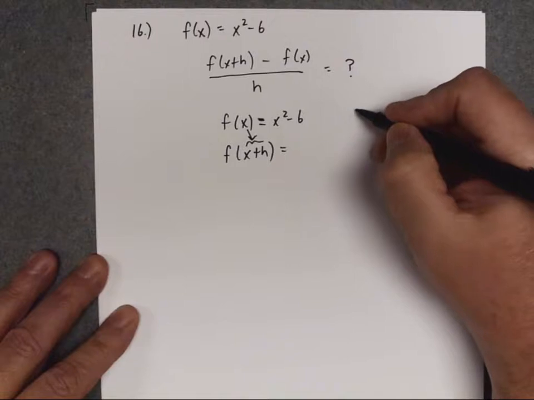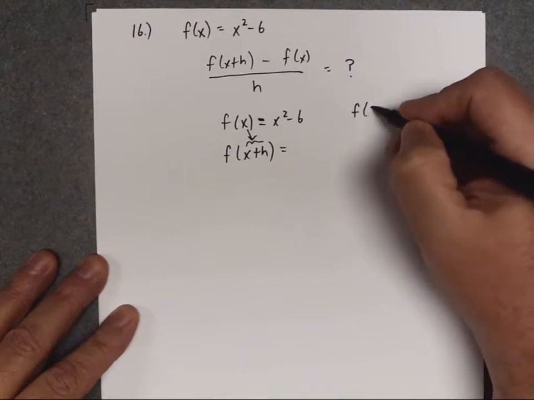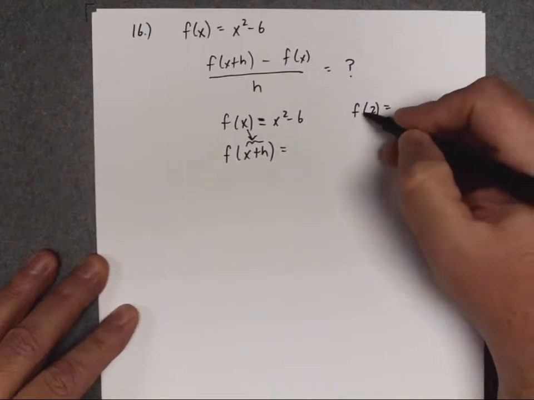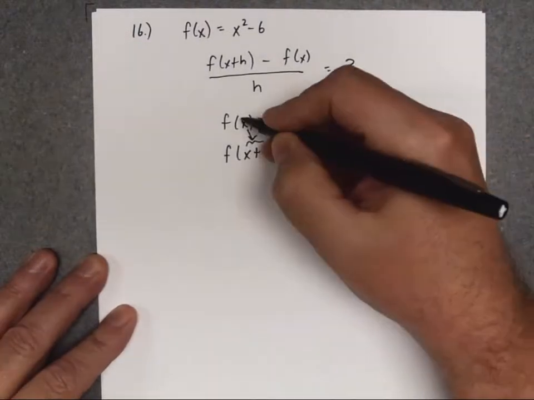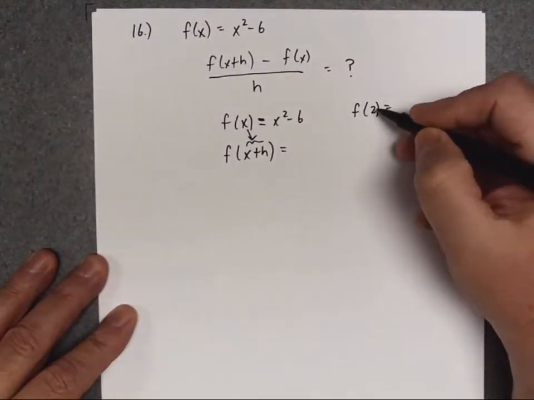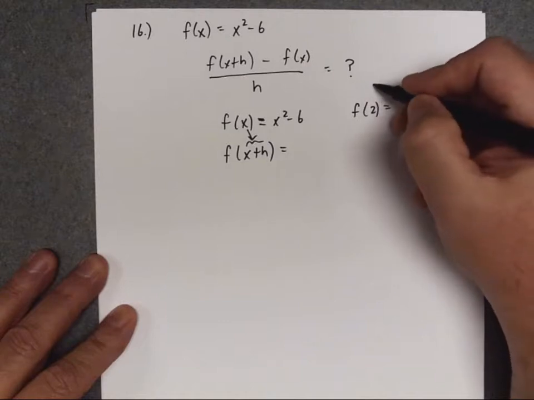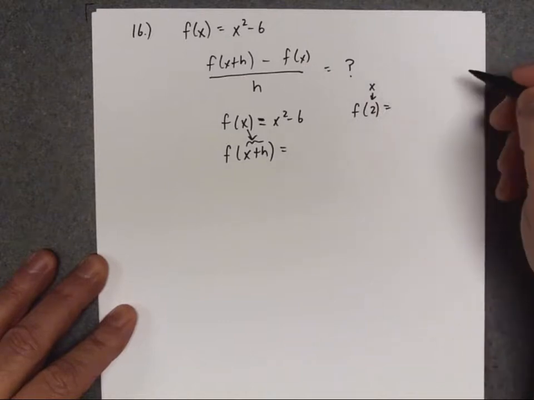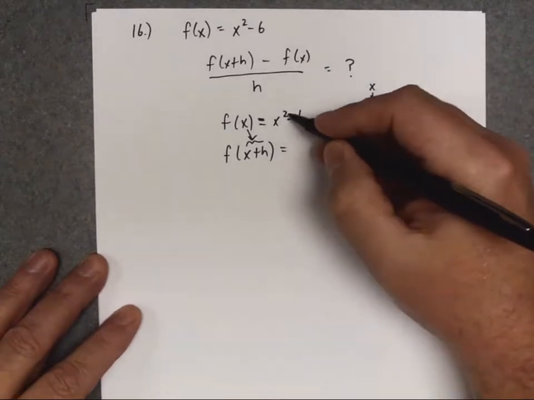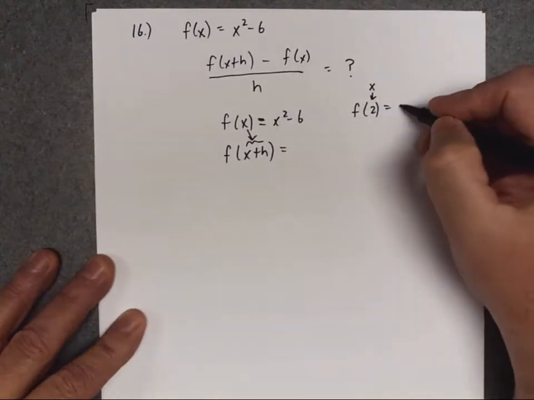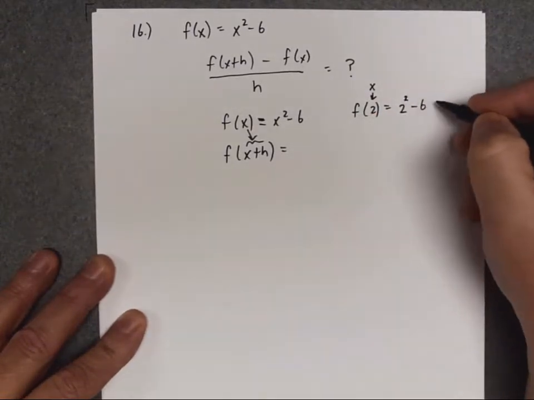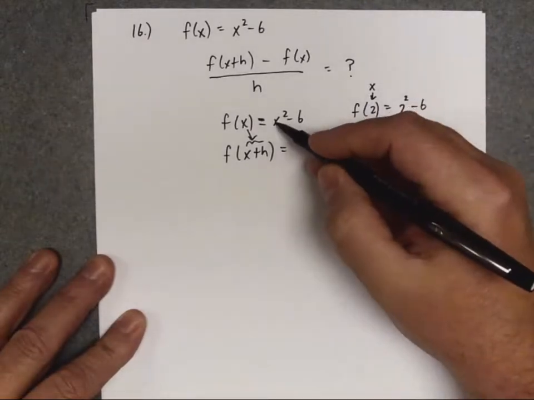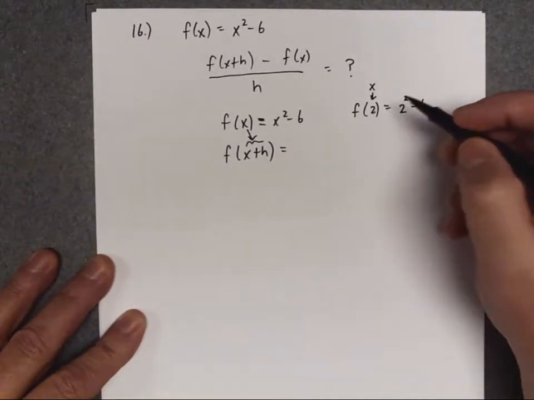Just as an example, a simpler example, if I wanted f of 2, that means I go get my f function, every place I have an x in my equation, I replace it with a 2. So since it's x squared, it would be 2 squared minus 6. Instead of writing x, I replace it with the 2.